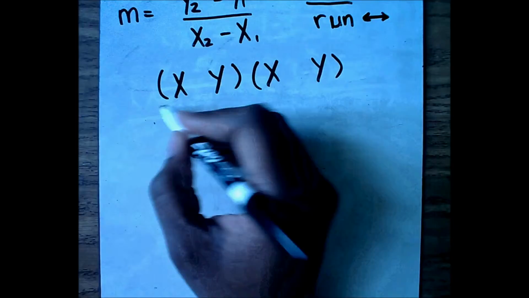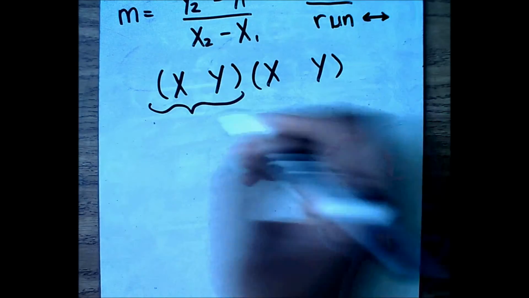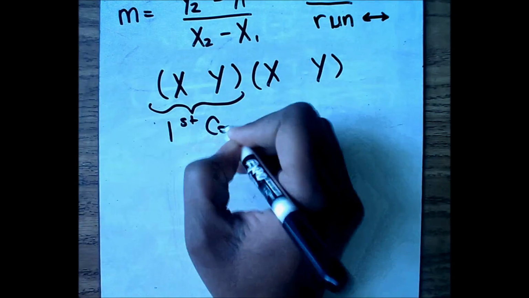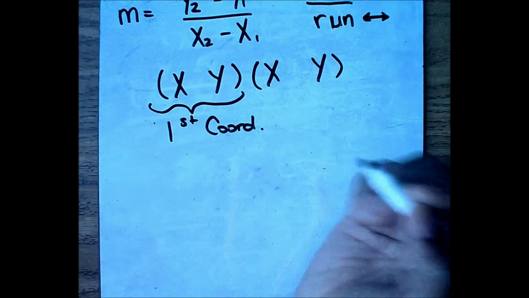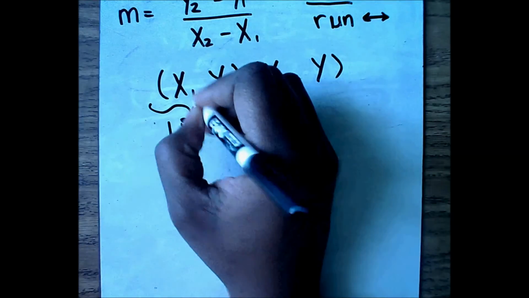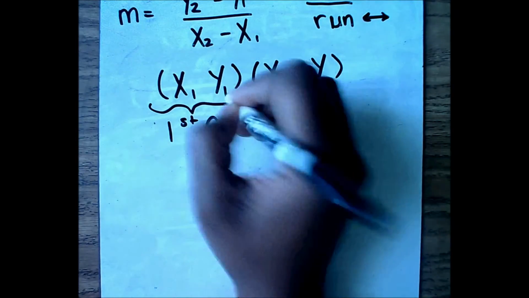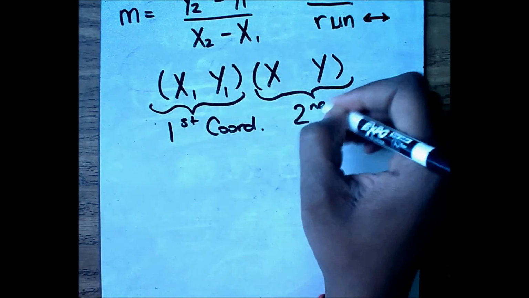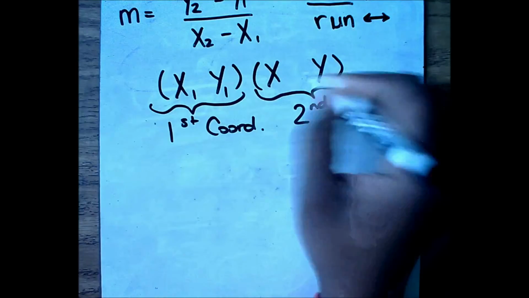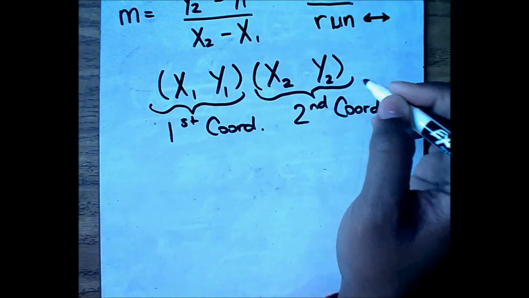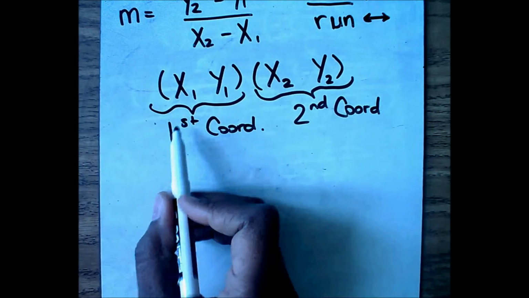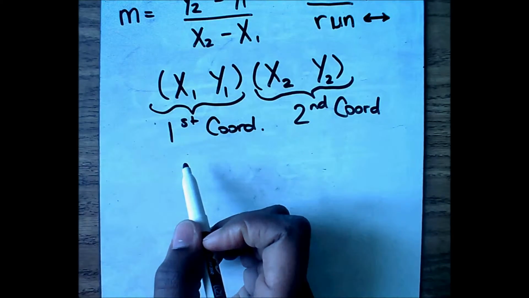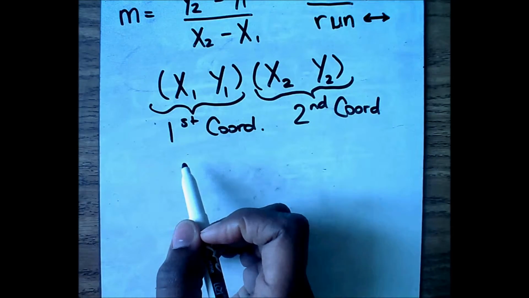Well, this is the first coordinate, so this will be x sub 1 and this will be y sub 1. Being that this is the second coordinate, this will be x sub 2 and y sub 2. So that is what makes it x sub 1, y sub 1, x sub 2, and y sub 2.